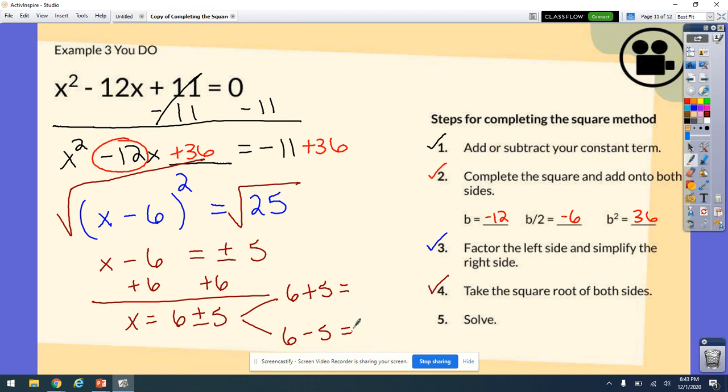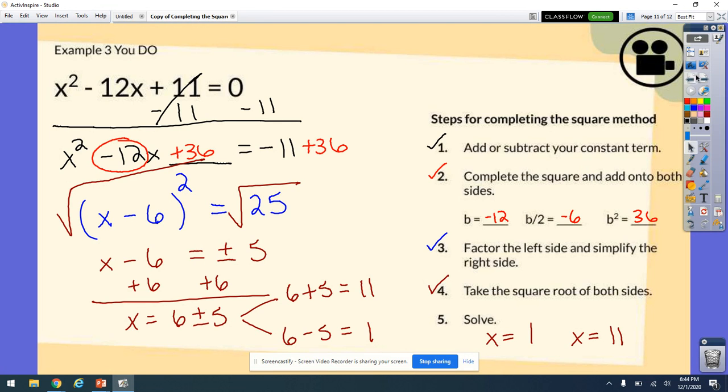So that means my two solutions will be 6 plus 5 is 11 and 6 minus 5 is 1. So my x is going to equal 1 and x is equal to 11. And those are our two solutions if it simplifies evenly or perfectly for this situation.